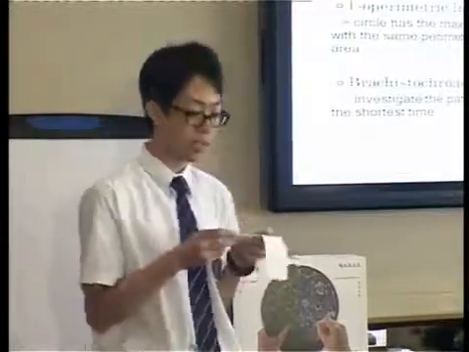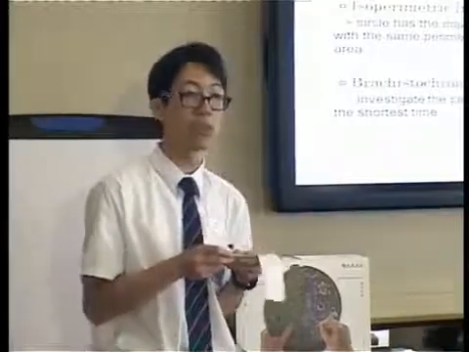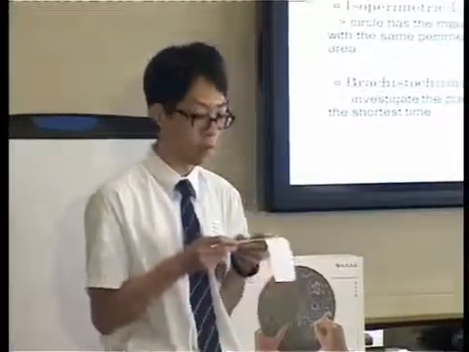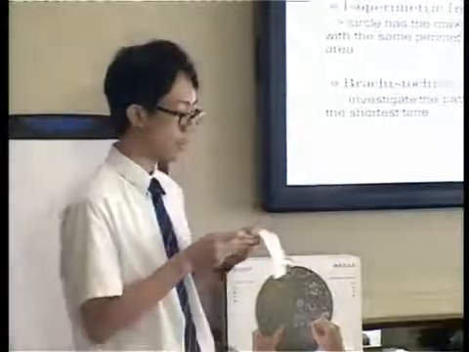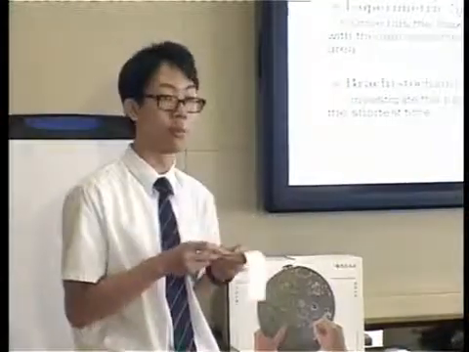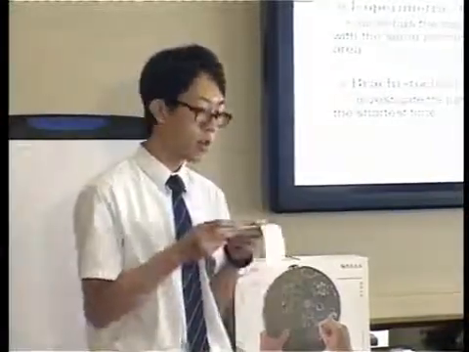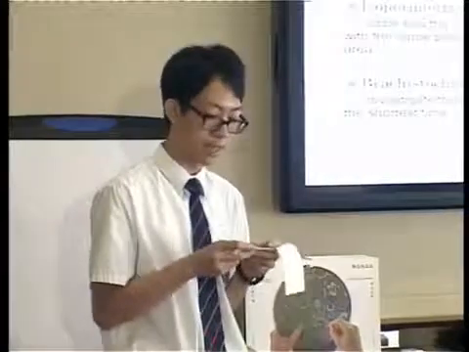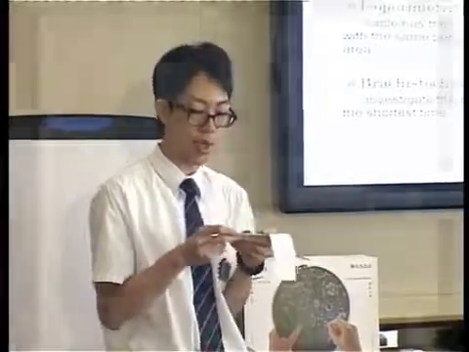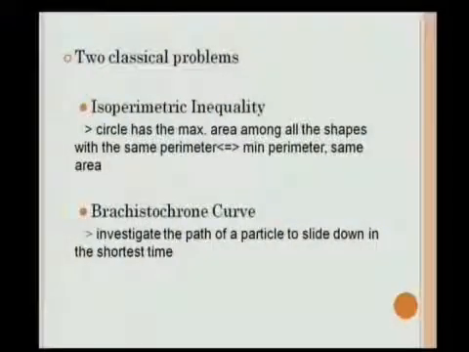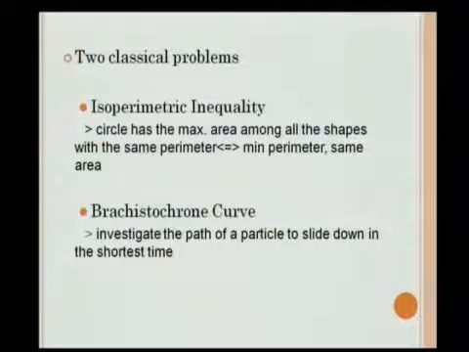Inspired by the slug, we related this idea to two classical mathematical problems, the isoperimetric inequality and the brachistochrone curve. The isoperimetric inequality states that the circle has the maximum area among all shapes with the same perimeter. That is equivalent to the circle having the minimum perimeter among all shapes with the same area.